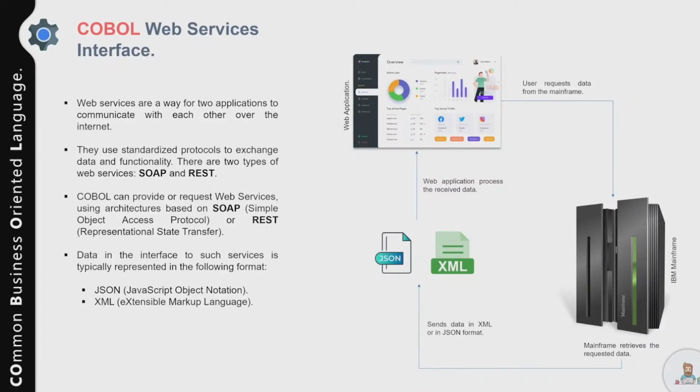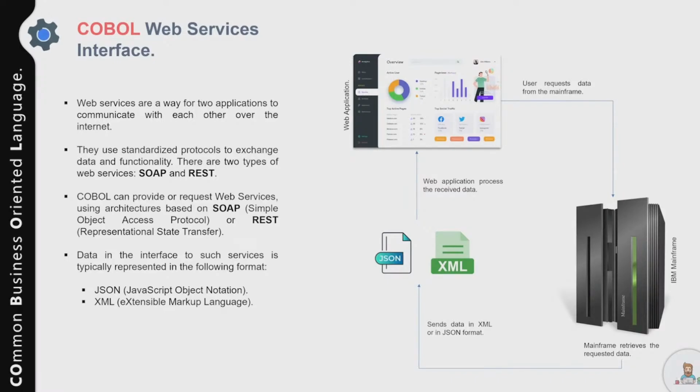The data shared with the web application would be either in JSON format or in XML format. So far, you're able to understand what web services are, how two different applications hosted on different platforms interact with each other with the help of web services, and the importance of JSON and XML formats used for communication or sharing data between two different applications.